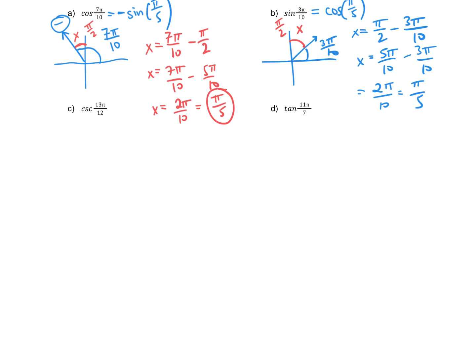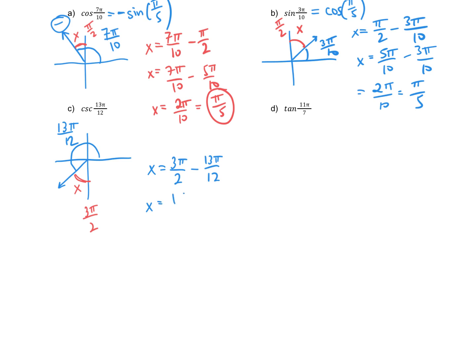Next we have cosecant of 13 pi over 12. 13 pi over 12 is in quadrant 3. This whole angle here is 13 pi over 12. And our complementary angle is here, glued to 3 pi over 2. So what we're going to do to get x? Well, we know this entire portion here is 3 pi over 2, those 3 quadrants. But our angle stops here. So if we subtract 13 pi over 12 from 3 pi over 2, then we'll get our leftovers for x.